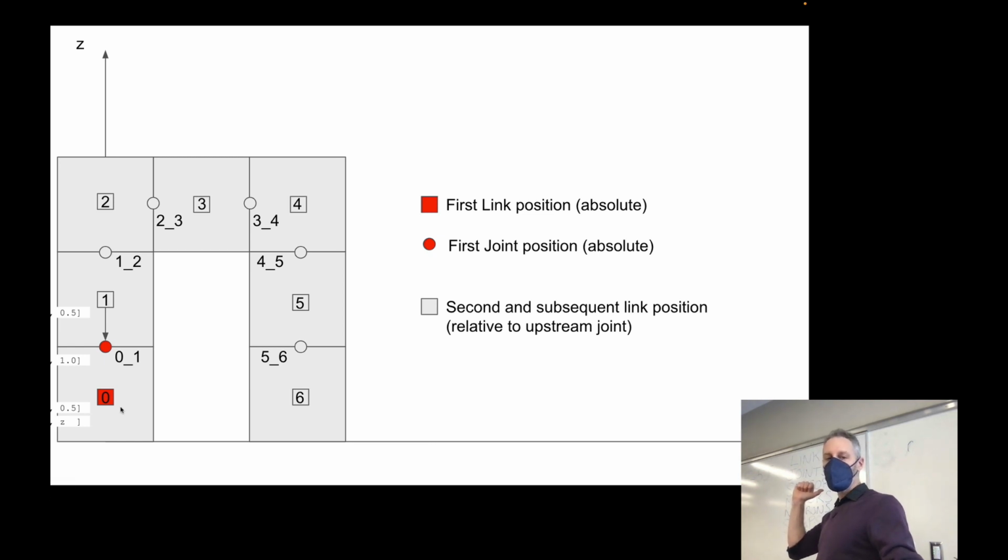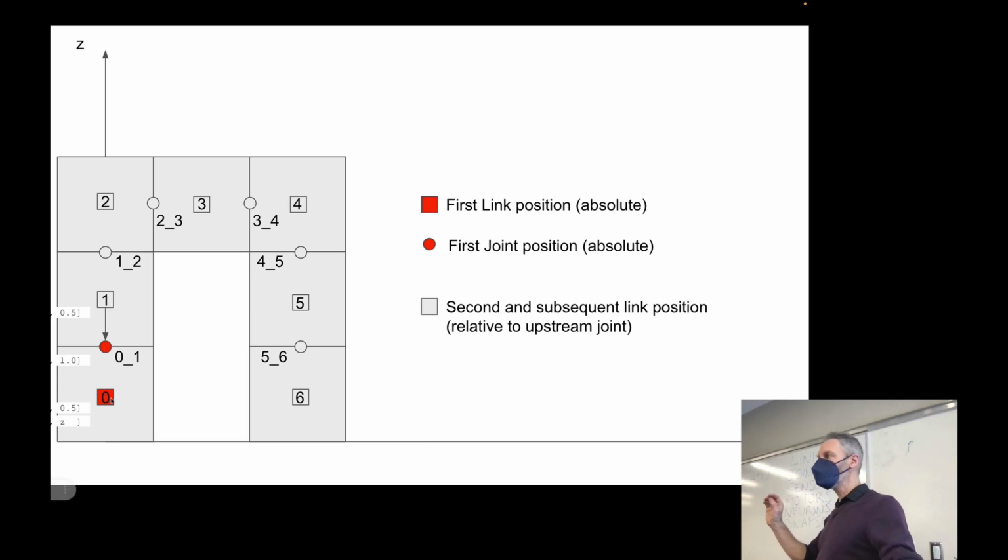We added this link. We then added this link. We're now adding a joint that connects this new link to a link that we've already defined using this joint. So this particular joint is upstream from this new link that we're adding.